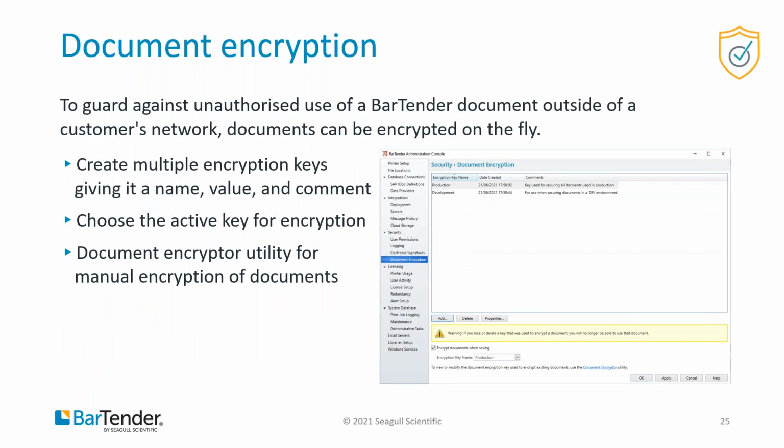Document encryption. This is another aspect of security in the BarTender software. So it guards against unauthorized use of a document outside of the customer's network, and it enables the document to be encrypted on the fly or automatically. Basically, with document encryption, we can create multiple encryption keys, giving it a name and a comment, of course, a value, the password, so to speak, the key value.